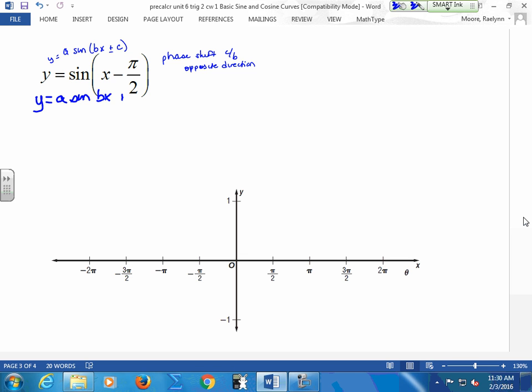Sine bx plus c. Remember when we did this? What did that cause that to do inside the parentheses? Excuse me, yes. Horizontal movement to the right. So this is also going to be a horizontal movement to the right.